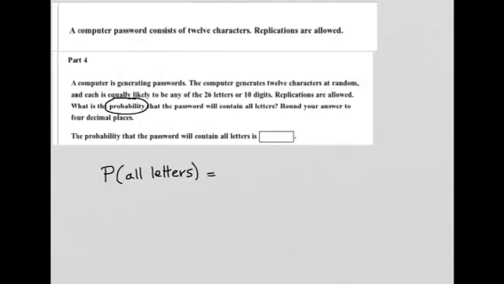How many ways are there to get only letters? Well, we said that was 26 to the power of 12. And then how many ways are there to get 12 characters in any format? And that was 36 to the 12. So if I divide those, I will get 0.0201, rounded to 4 decimal places.